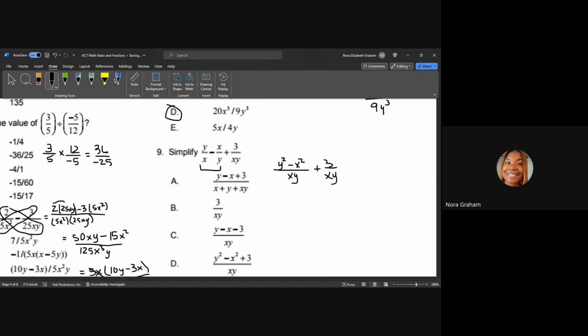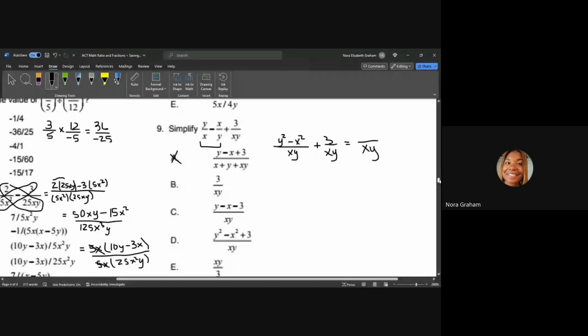So since they have the same denominator, I can just deal with my top part, right? And again, test taking strategy. You can see that A is not going to be one of your options because look at my other denominators here. So you can use elimination. You can even use this because I know I'm not going to do any inverses. So now B, C, and D might be our answer.